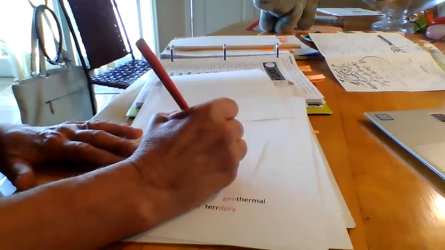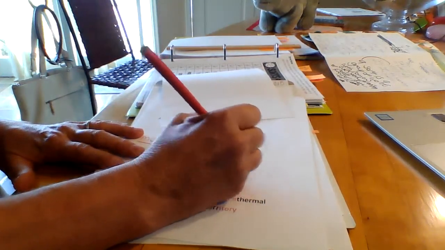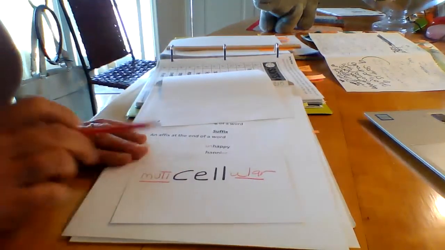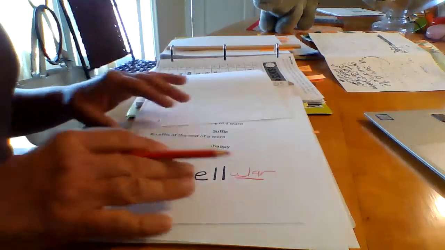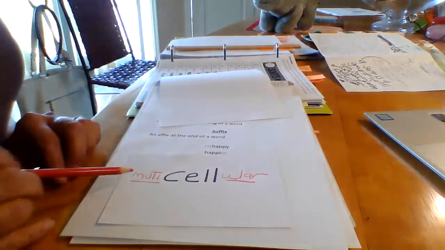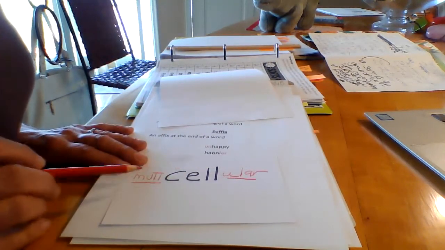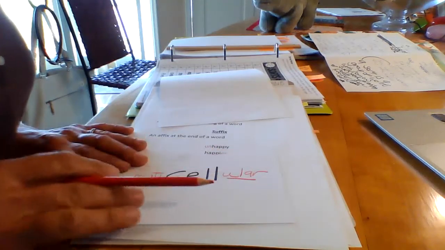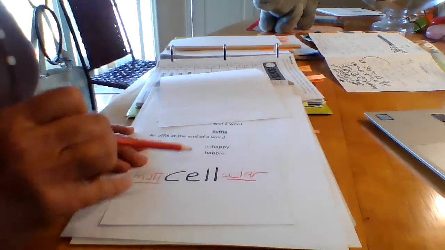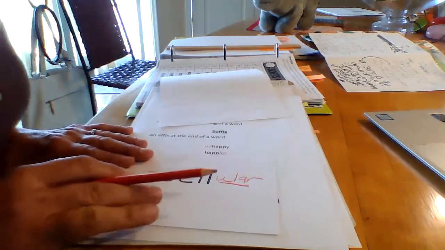Multi-cell-u-lar. We've totally changed the base word, cell, to something totally different. And if you know how to put words together and spell them correctly, you could increase your vocabulary and your writing and have fun with words.